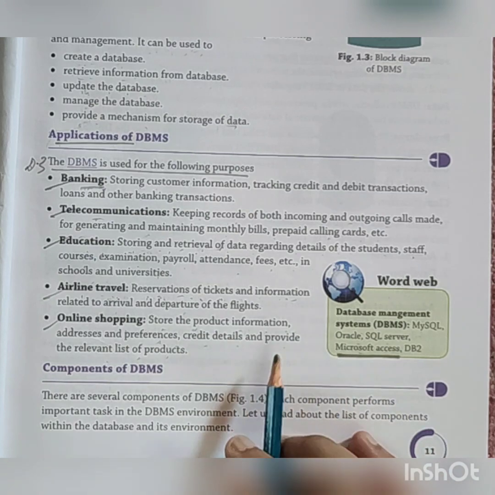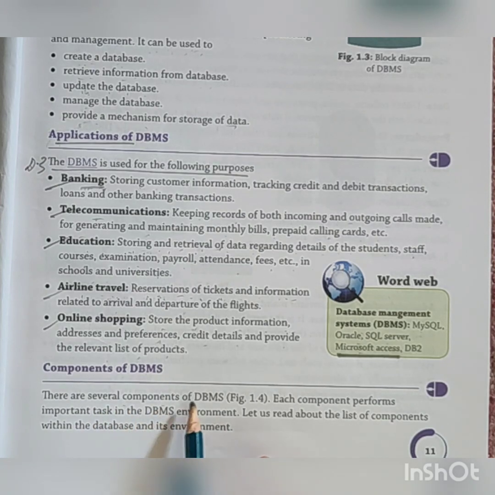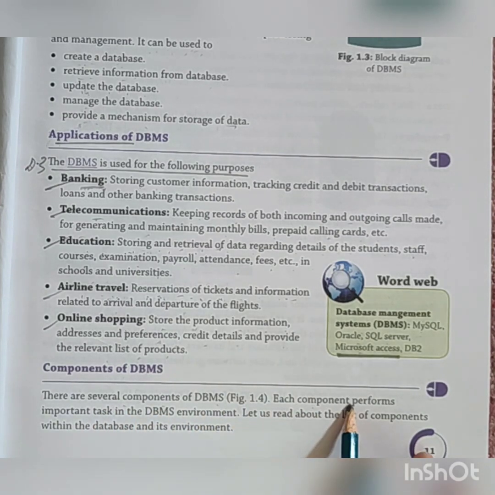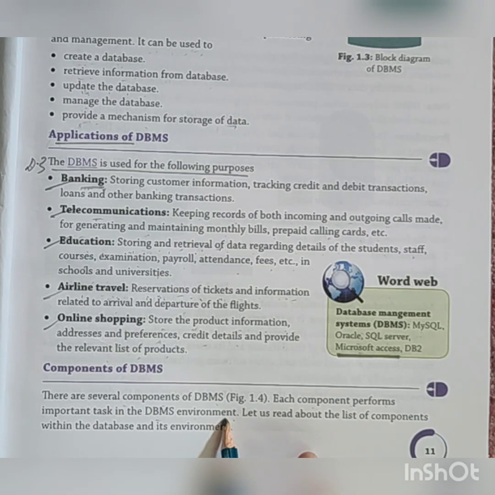Now next we have components of database. Components of DBMS. There are several components of DBMS. Each component performs important tasks. DBMS environment. So what are the components? Let us learn now.